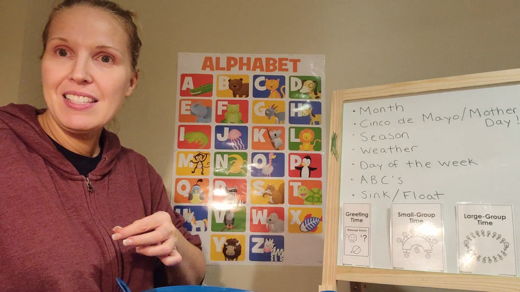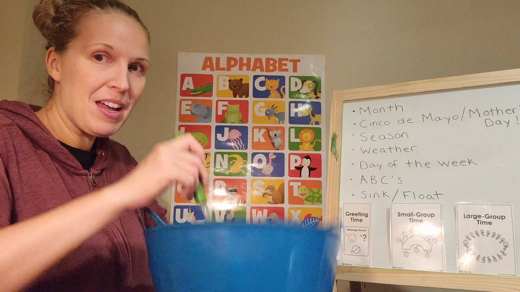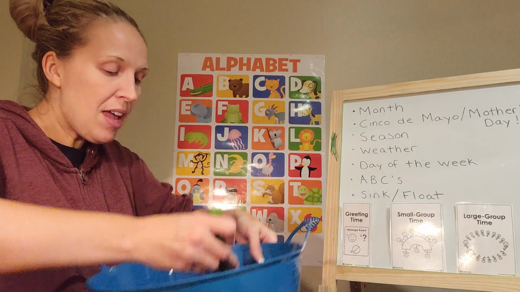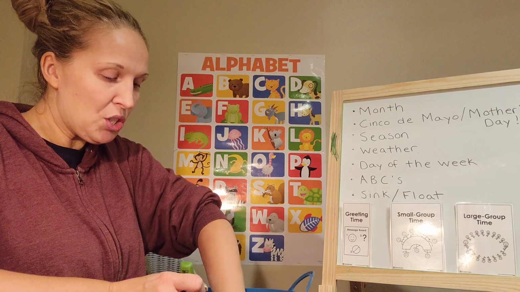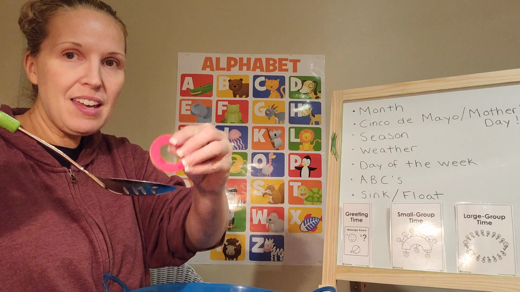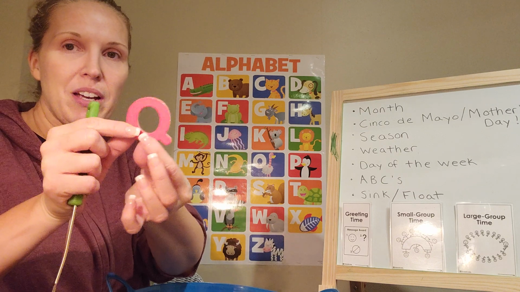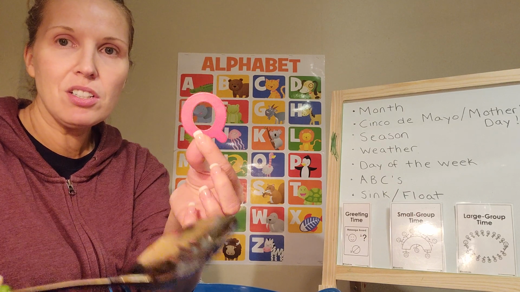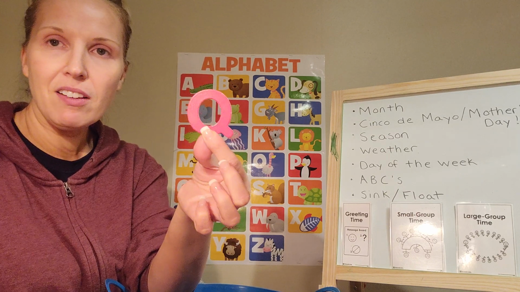Okay, let's see what other letters I have in my alphabet soup. So I'm mixing up my soup, and I'm gonna scoop out a bite. And what did I get? What's this, my friends? Well, it kind of looks like a circle, but then it has a tail.